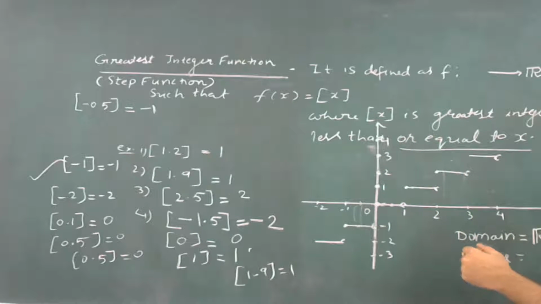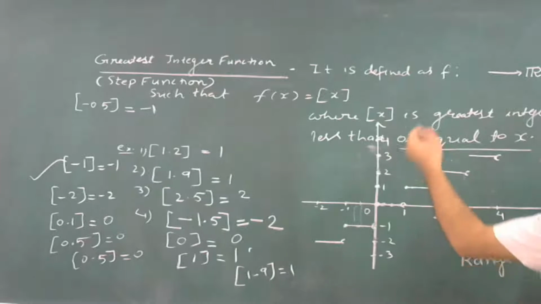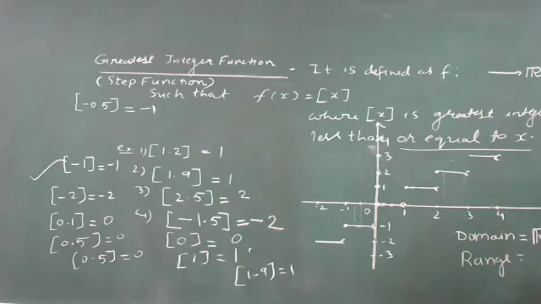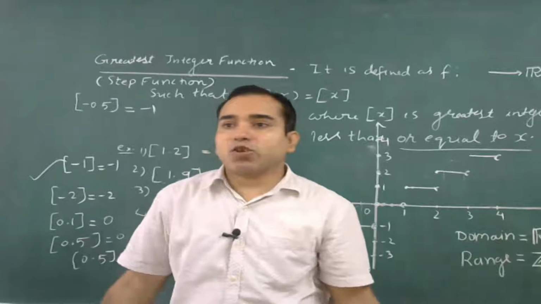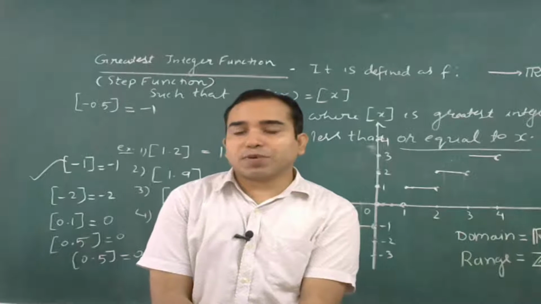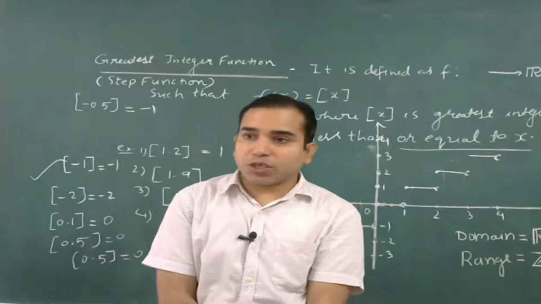So if you want to write the range, what do we call these: 0, 1, 2, 3, 4, minus 1, minus 2, minus 3? They have a name, which many of you have also written. This set is called integers and we show it by Z. Right? So range is Z and domain is R. So this is about the greatest integer function.